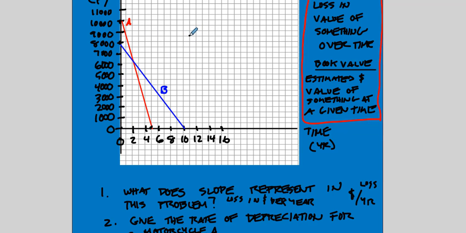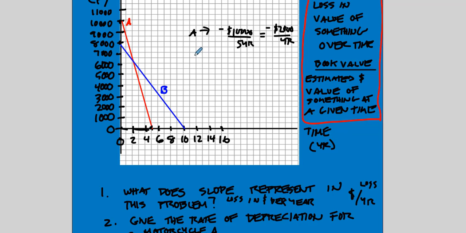So A is going to be negative $10,000 over 5 years. 10,000 divided by 5 is 2,000, and since it's negative, it's negative $2,000 per year. That's the depreciation of motorcycle A.